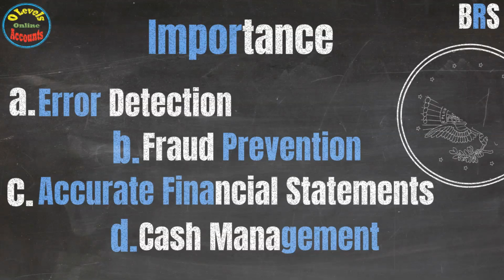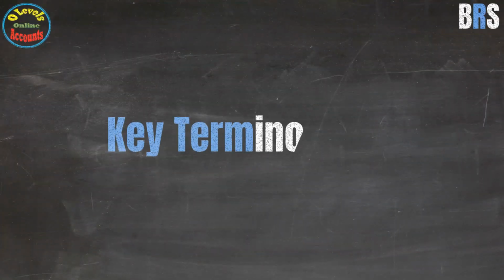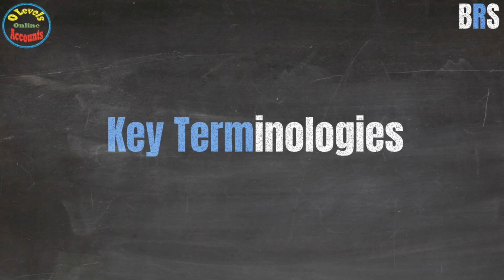Let's check some key terminologies regarding the BRS. During BRS explanation, we will use different terminologies. It should be understood by you. The first is cash book. It is a record maintained by the business that shows all cash and bank transactions.